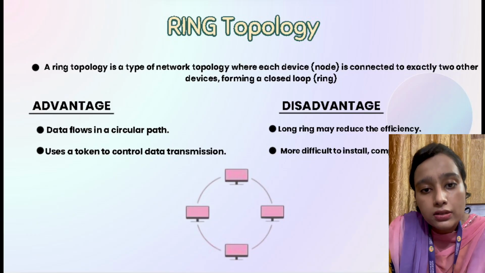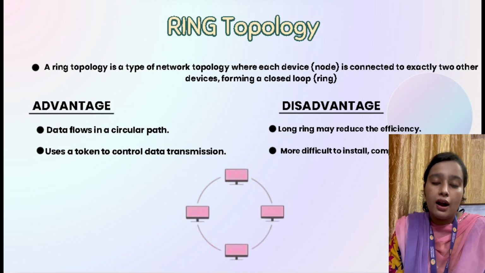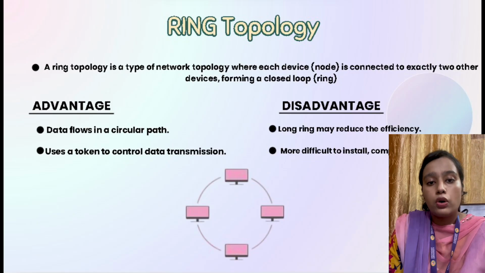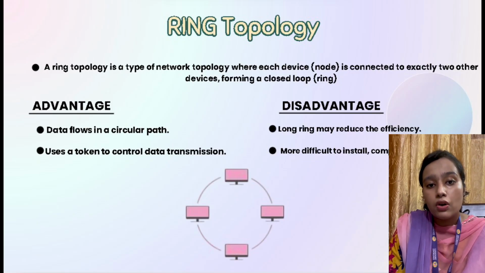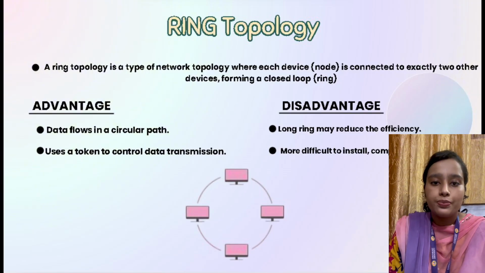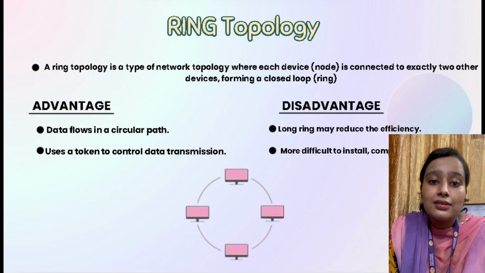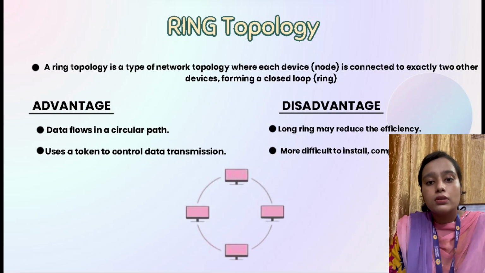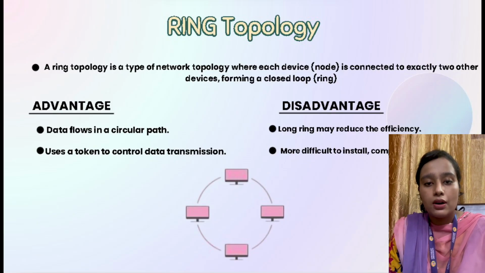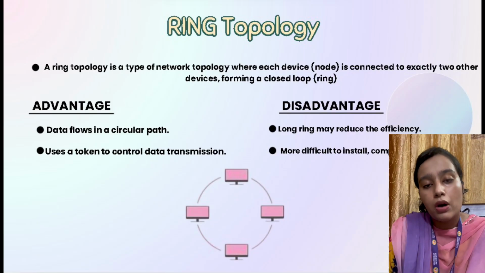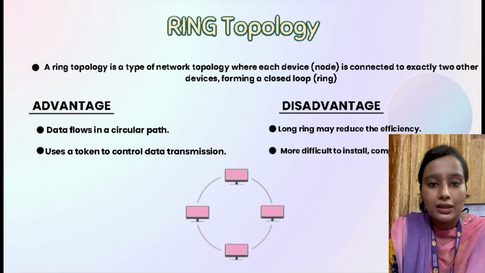And the disadvantages are that it is more difficult to install compared to bus and star topology, and it is less efficient if we connect a long cable. So this is our third topology, which is ring topology. Now I would like to go to our next topology in our next slide.